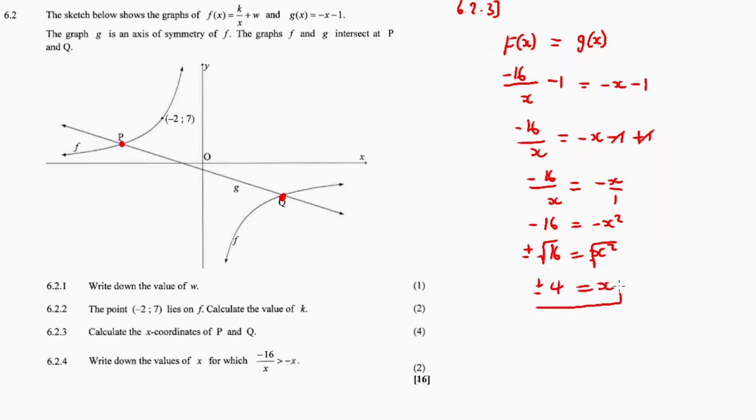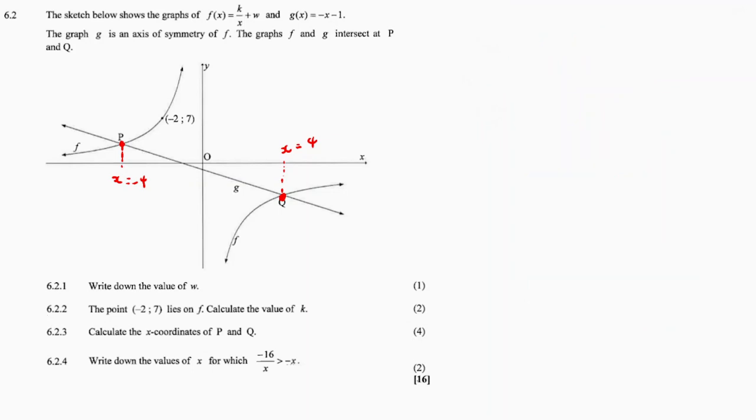So now my x values are x equal to 4 or x equal to minus 4. So the x coordinate for Q is x equal to 4, and the x for P is x equal to negative 4. Yes, x equal to negative 4. Now we have found my x coordinates of P and Q, so we go to 6.2.4.